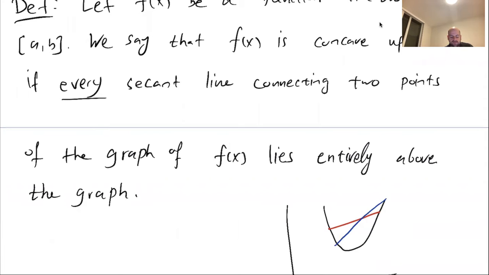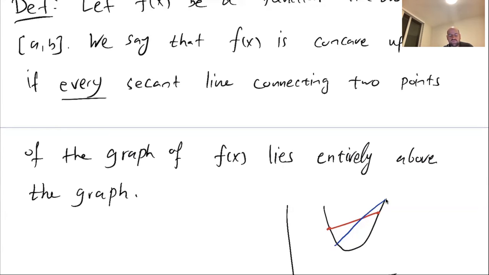Look at the red line segment here. It connects 2 points of the graph, this point and this point, right? And it lies entirely above the graph. See, this line is entirely above the graph because the graph is entirely below this red line segment.